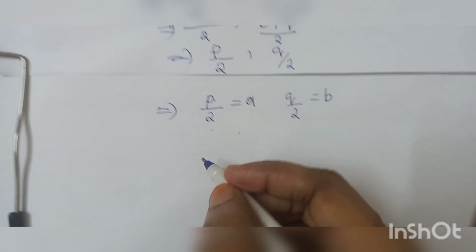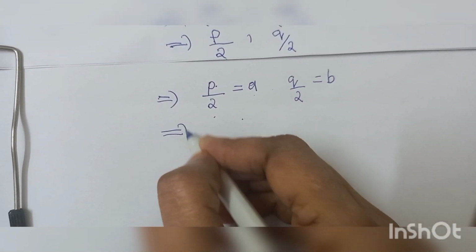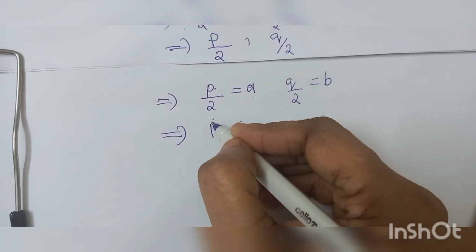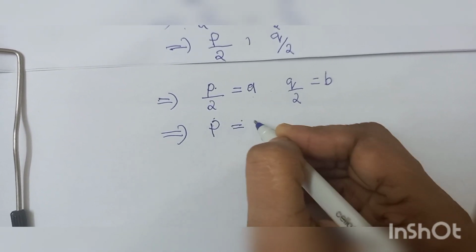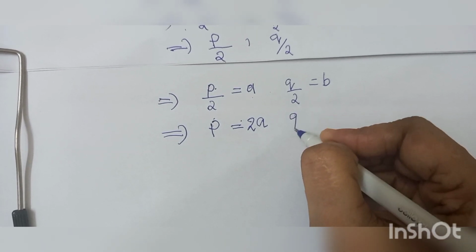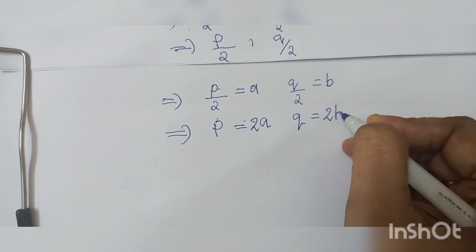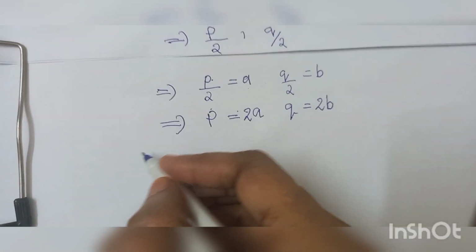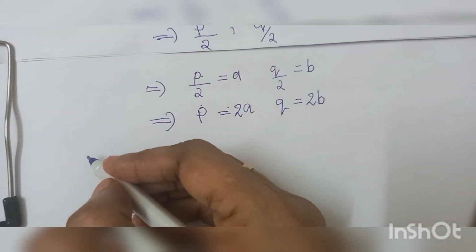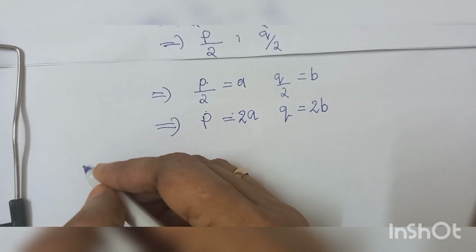Then next step we just cross multiply. We get p is equal to 2a and q is equal to 2b. Okay, so we already know the intercept form.